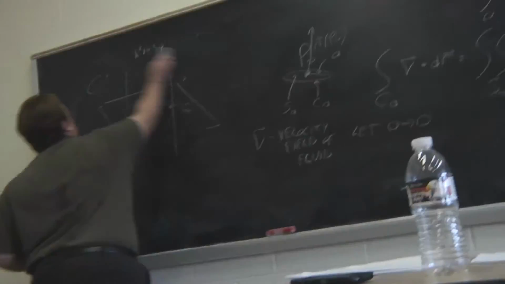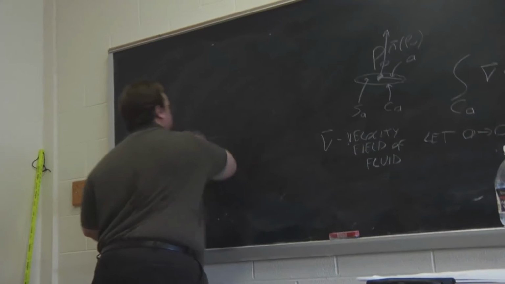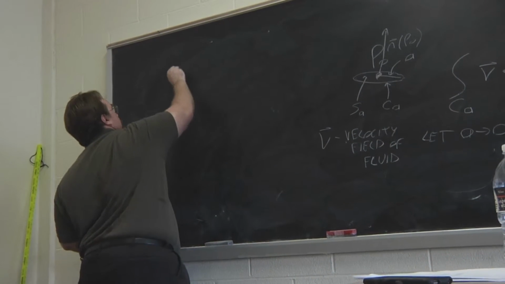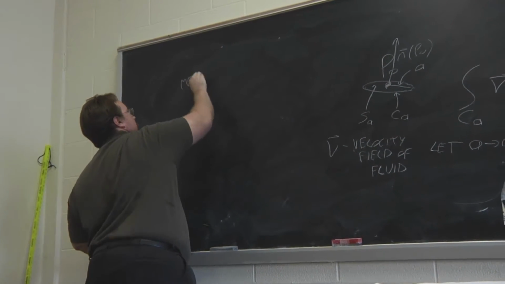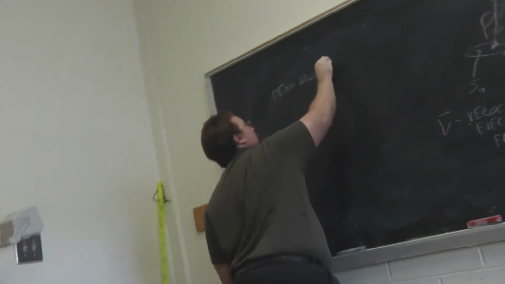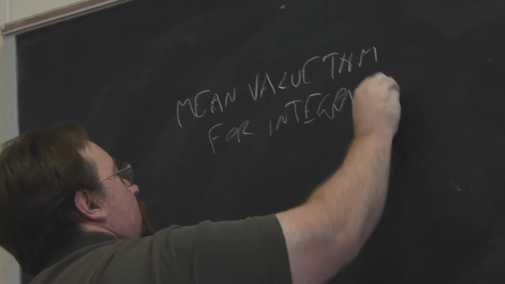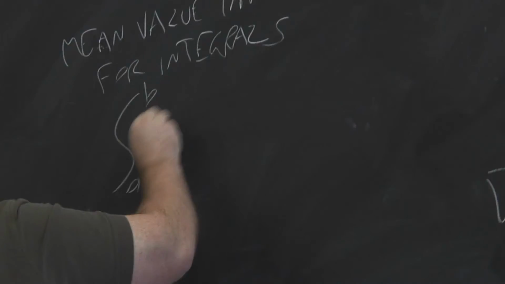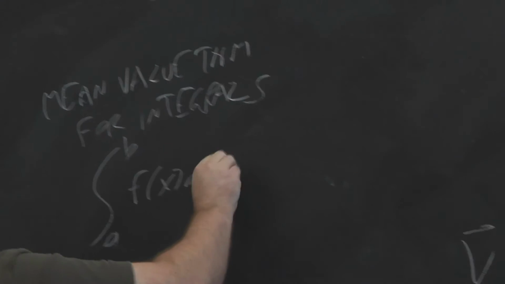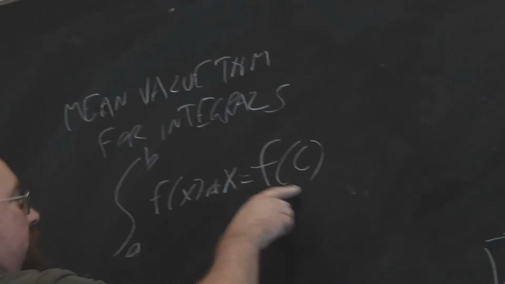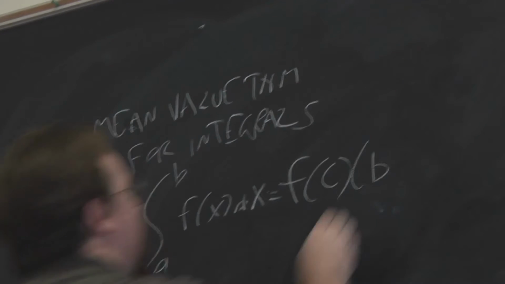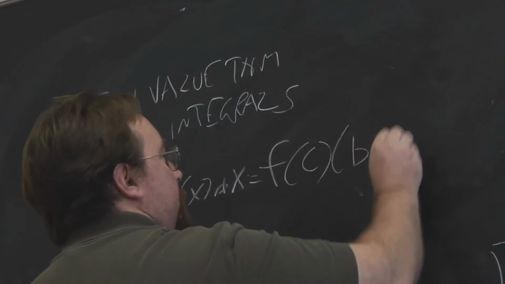You might recall, although it would have been a while ago for any of you, the mean value theorem for integrals, which is closely related to the mean value theorem for derivatives that might be more familiar to you: the integral from a to b of f of x dx is equal to the value of f at some point c in between times the size of the region you're integrating over, which is just b minus a.